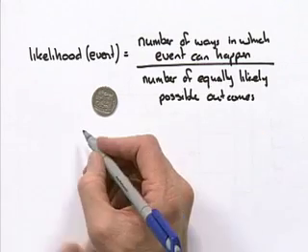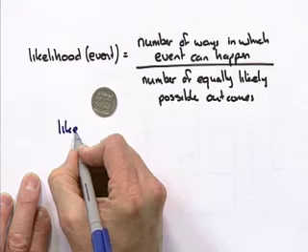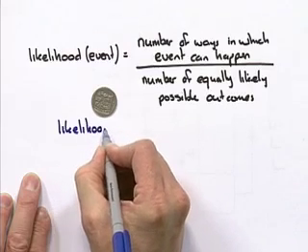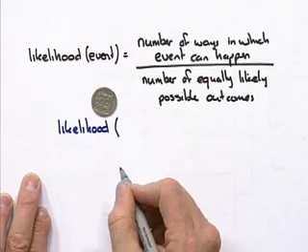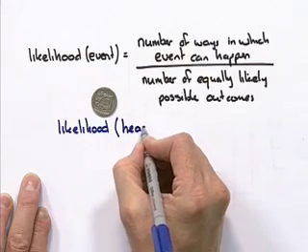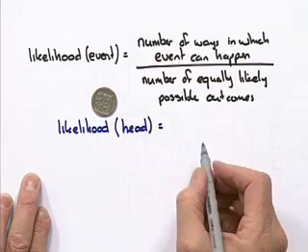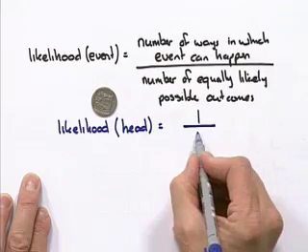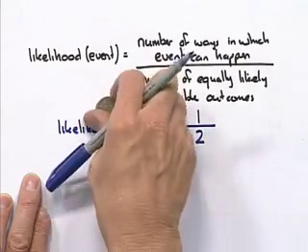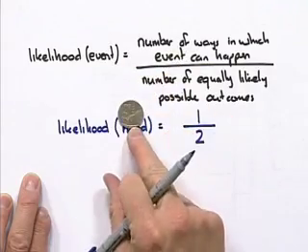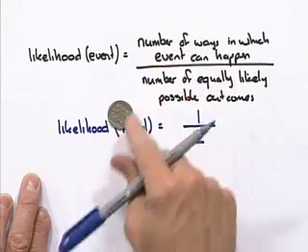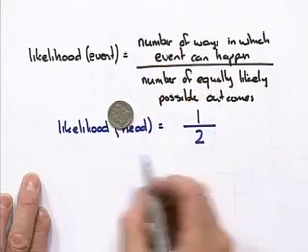This means that the likelihood or probability of a head is equal to 1 to 2. Why? Because there is only one head of the coin and there are two different possible outcomes.